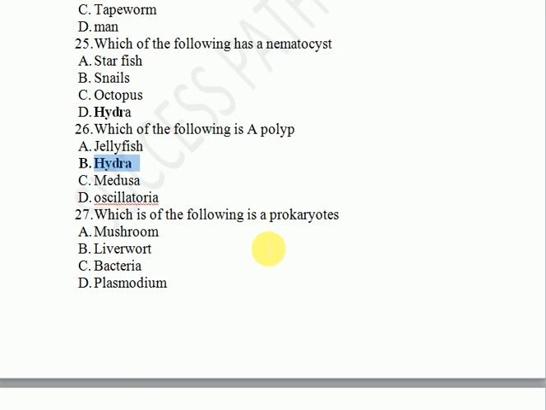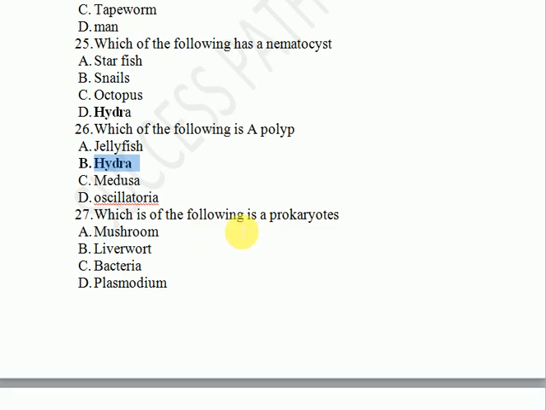So which of the following is a prokaryote? Prokaryotes are organisms that do not have a well-defined nucleus. It doesn't mean they have no nucleus, so to say. And what do you have in nucleus? Genetic material. So in their own case, their nucleus does not really have a membrane, so their genetic material is just found in the cytoplasm, and that area where it is found is called nucleoid, or we can call it nucleoid zone.